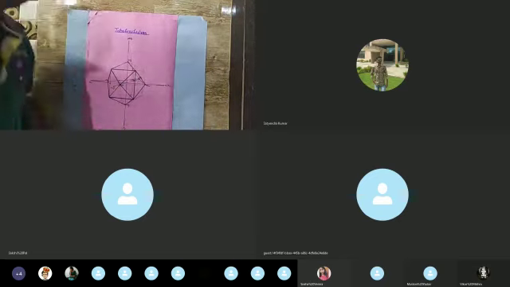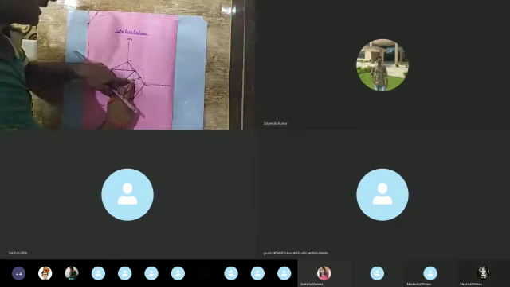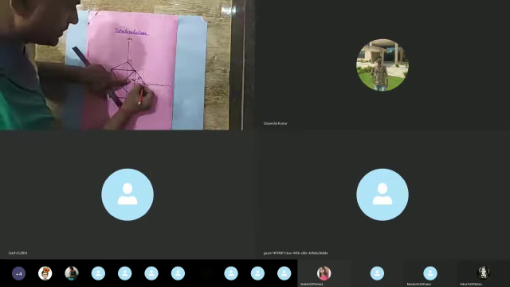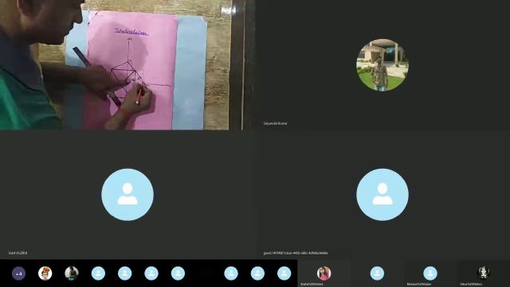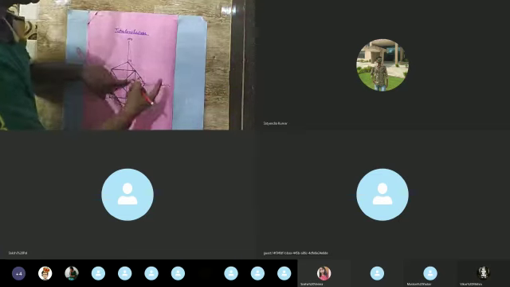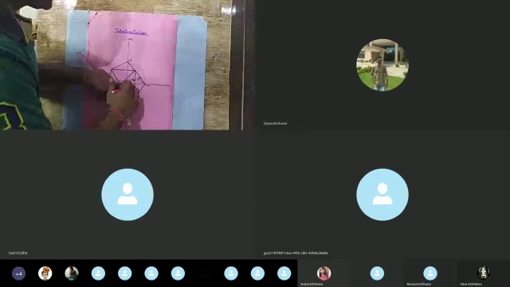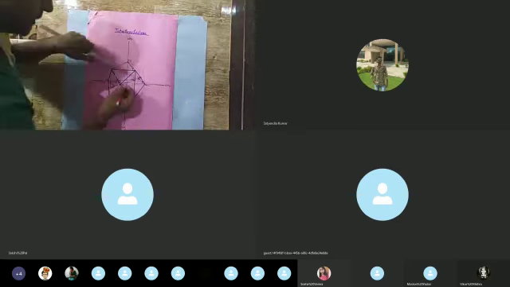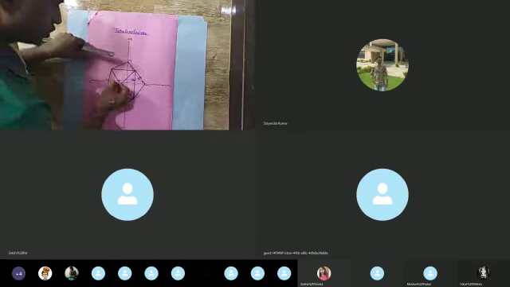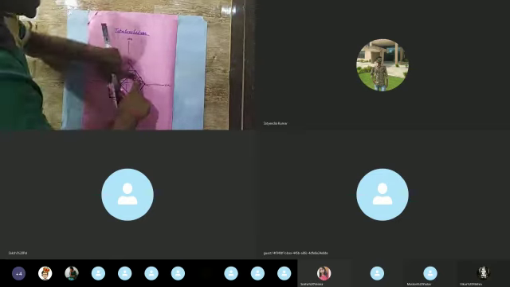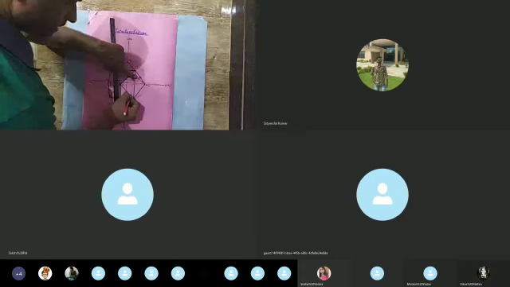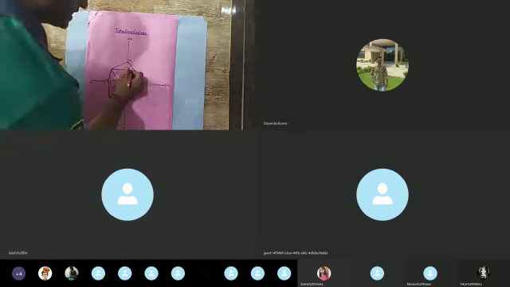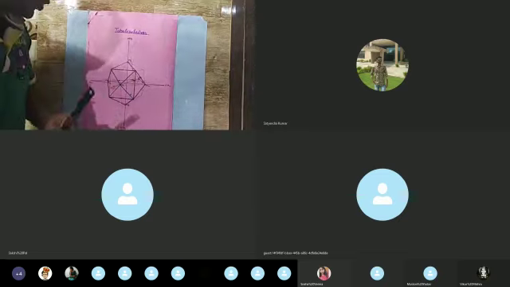That is between minus twice A1 and plus A2. This is intersection point 1, and second is minus twice A1 and minus A2. This is intersection point 2, minus twice A1 and minus A3 is intersection point 3, and minus twice A1 and plus A3 is intersection point 4.